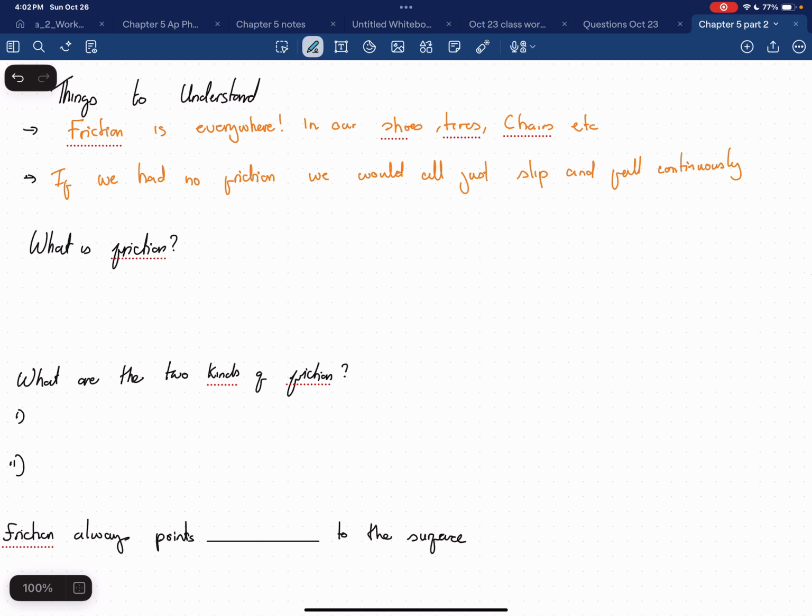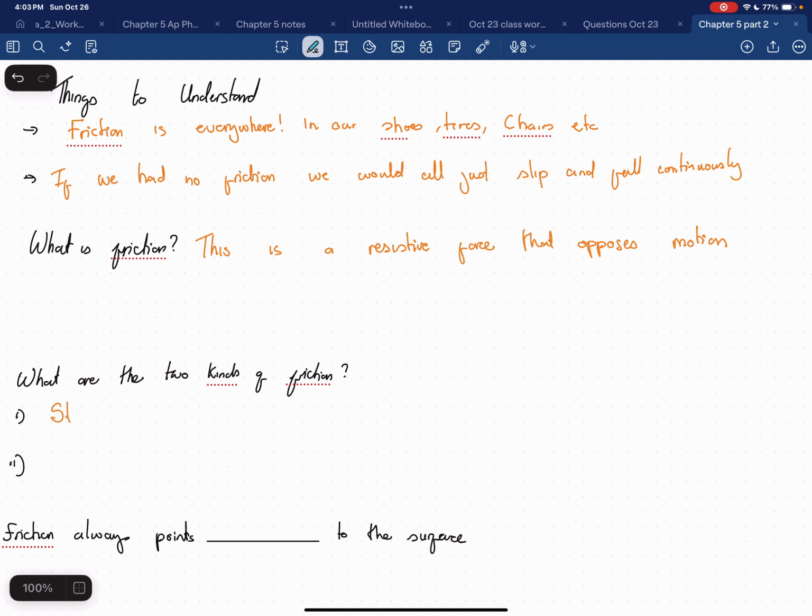So what is friction? This is a resistive force that opposes motion. Friction opposes motion. That's the first thing you should think about. And what are the two kinds of friction?